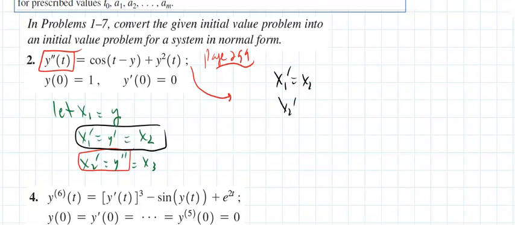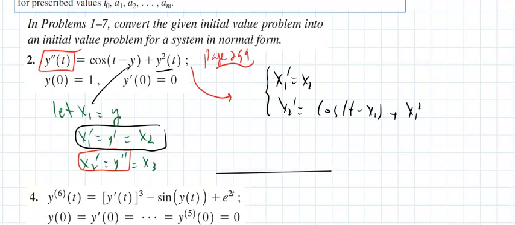And x2 prime is cosine of t minus, but y is x1 plus y squared, that's x sub 1 squared, and that's the system they're talking about. It's going to be in terms of first order differential equation on all of those, and this is called a normal form, a massive deal.